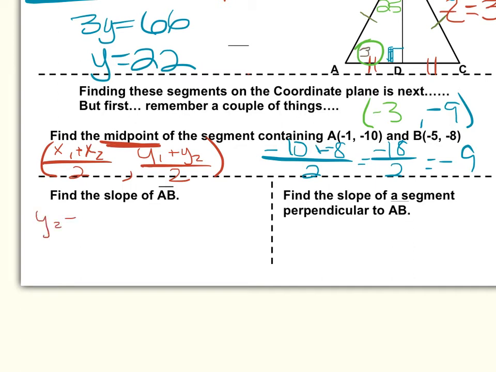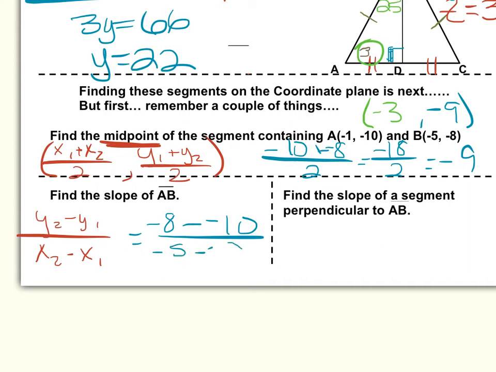Okay, I need to remember how to find slope. That's y2 minus y1 divided by x2 minus x1. So I'm going to subtract my y's. Negative 8 minus a negative 10 over negative 5 minus a negative 1.